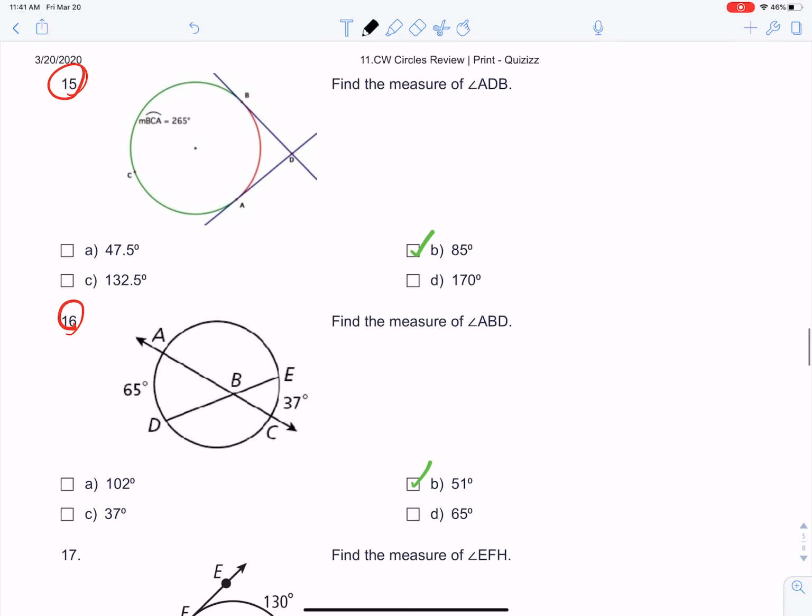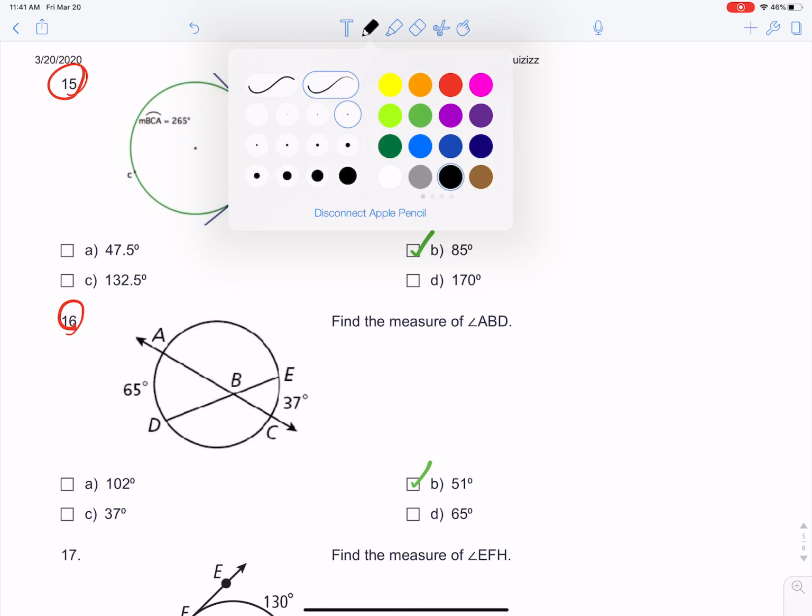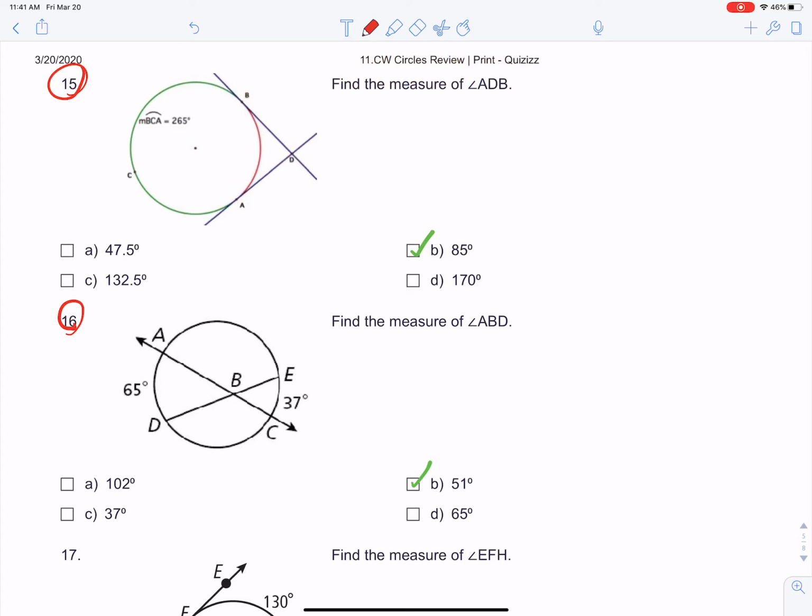Okay, this is a very special problem, and every year it seems to confuse students, so please make sure you pay attention. This is a special property that you should add to your knowledge bank.